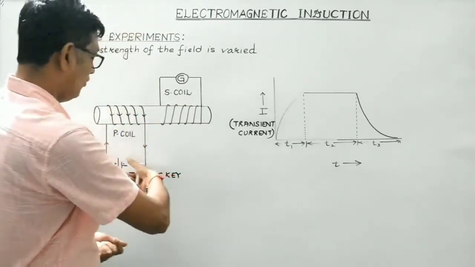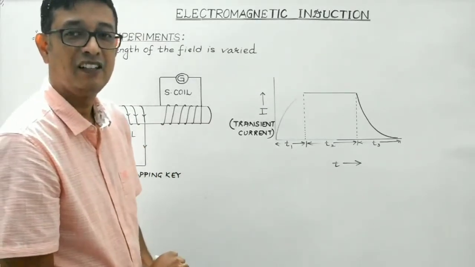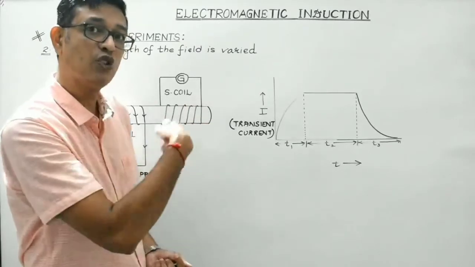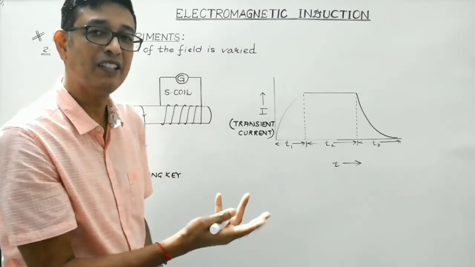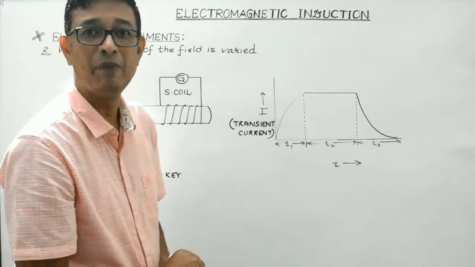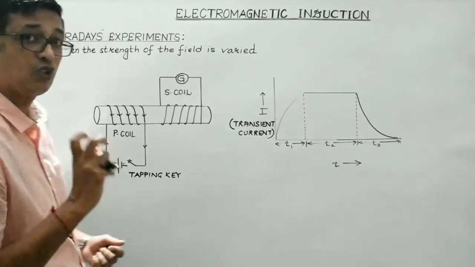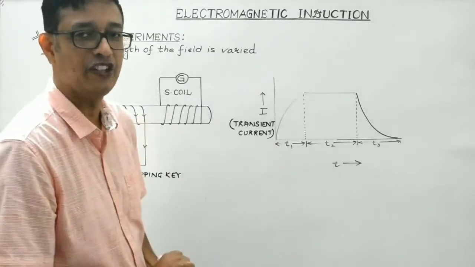And when he releases the tapping key, the galvanometer again shows some deflection, but this time in the opposite direction. So these were the observations made by Faraday. Let me explain the conclusions and the reasons behind these observations.